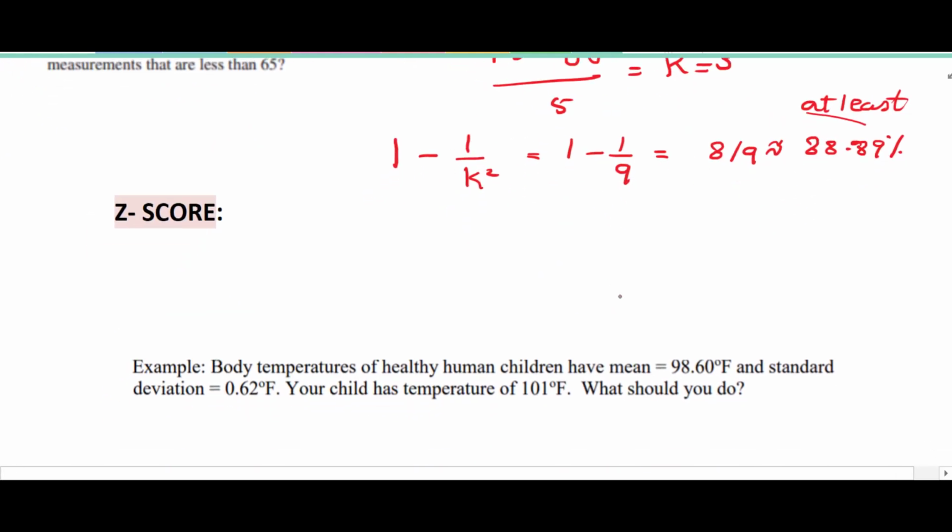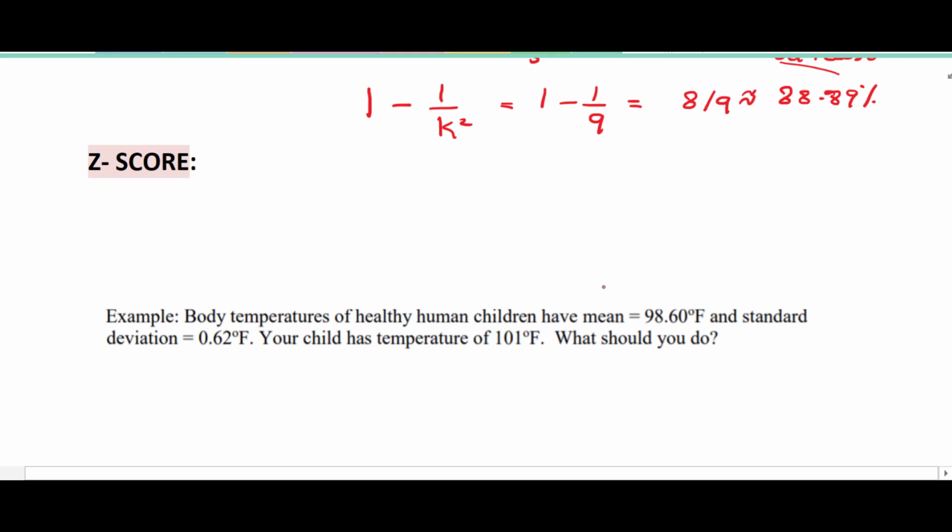So moving on, I want to talk about two really important measures for relative standing, or measures of position, basically. So we're going to talk about two measures, z-scores and percentiles. The z-score is a standardized score for an observation x, and it's defined by this equation: z is equal to x minus x bar over s.